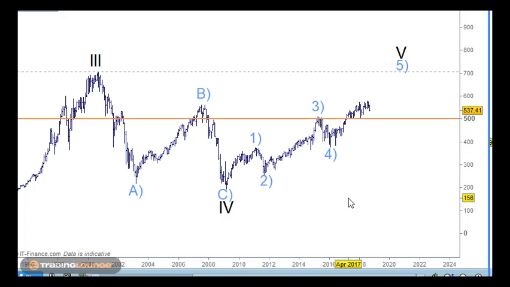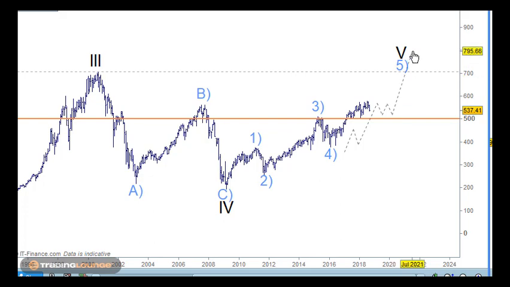I suppose, no, I won't go there, but the main point here is that by the looks of it, if we're comparing it to the DAX, we're looking at from this low here, 1 and 2, and wave 3, and we're looking for wave 4, which is being a little bit complicated in here, and then we'll look for wave 5.